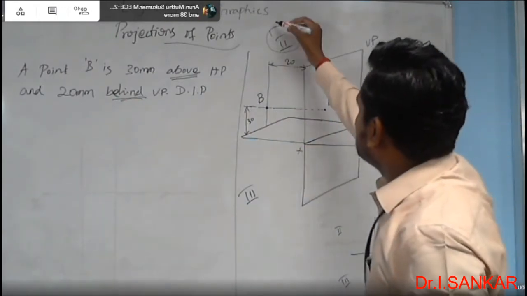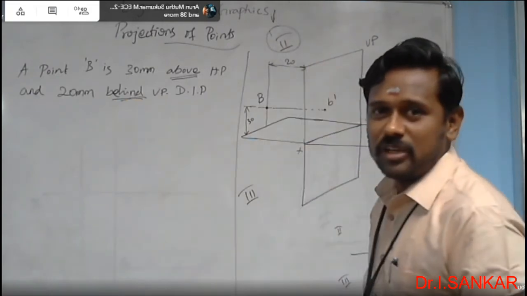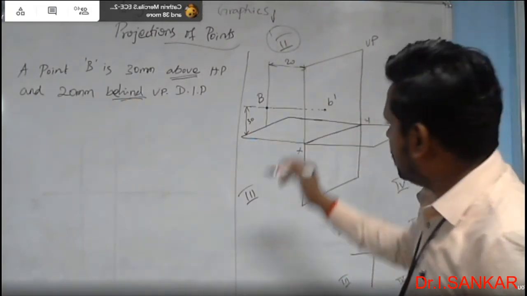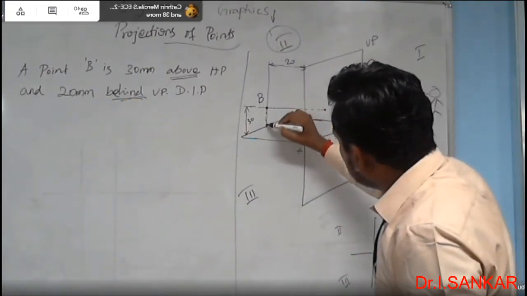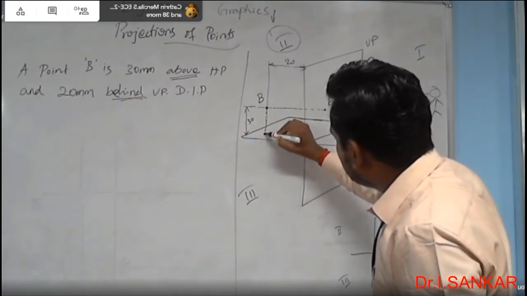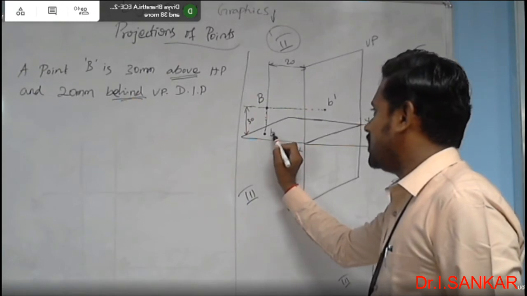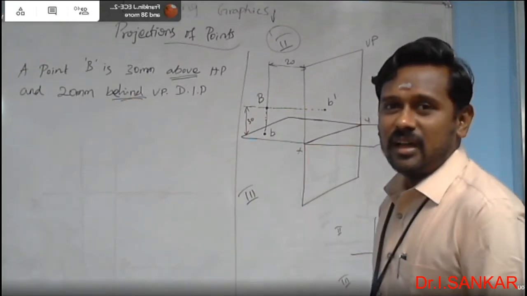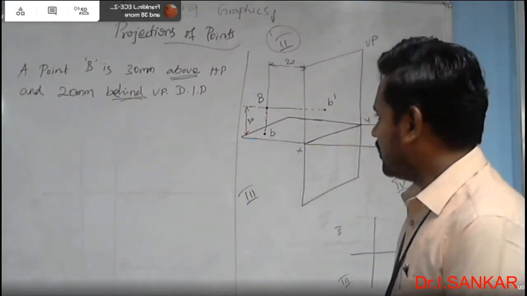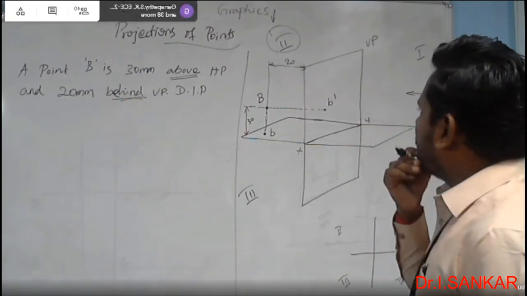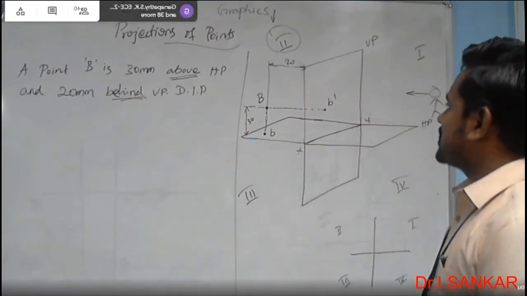And we are seeing the object from the top in order to get the top view in the horizontal plane. Automatically the top view will be obtained here. This is nothing but the top view of the object B, which is obtained in the horizontal plane. We got the B dash and B.